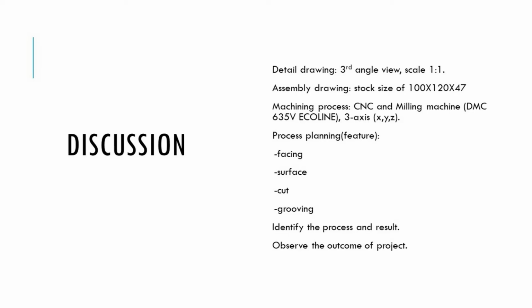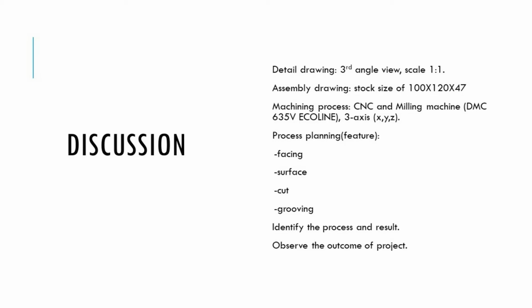Furthermore, the operation for our process planning is very simple, with the use of the facing feature to level the top part of the model. Then we use the surface feature for roughing and finishing process. Afterwards, to create the circle shape at the top of the model, we use the cut feature. Lastly, the grooving feature is used to create the racing KTM font.